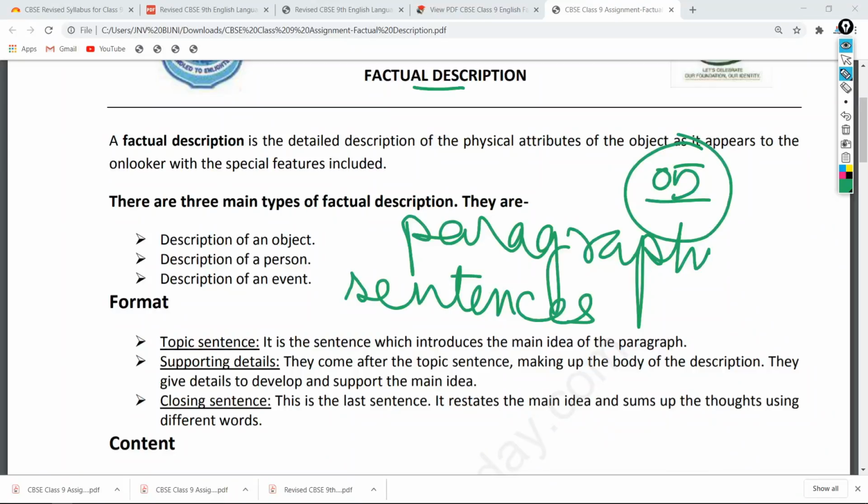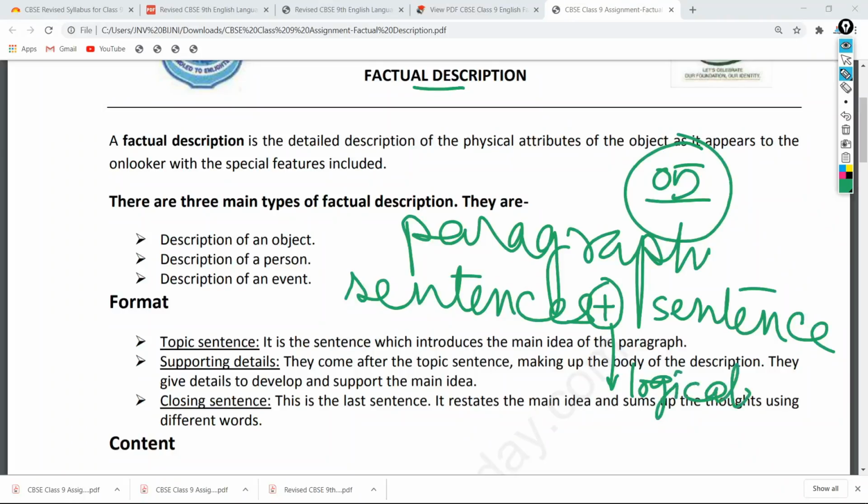When sentence and sentence join together and the joining is very logical, meaning there will be the formula of cause and effect, when this organic unity is there between the lines you are joining, then that particular paragraph will be a logical paragraph.